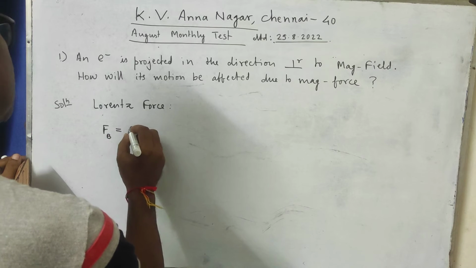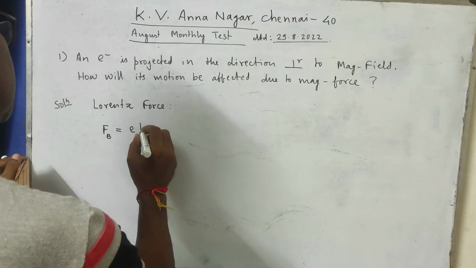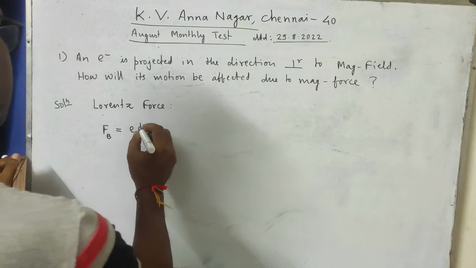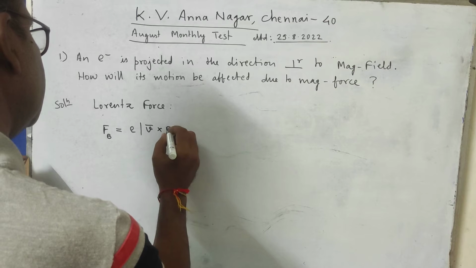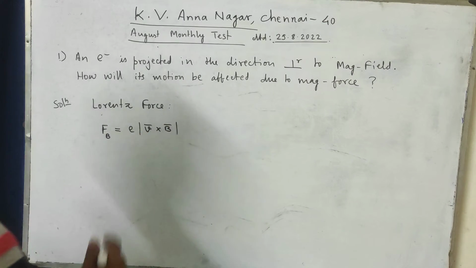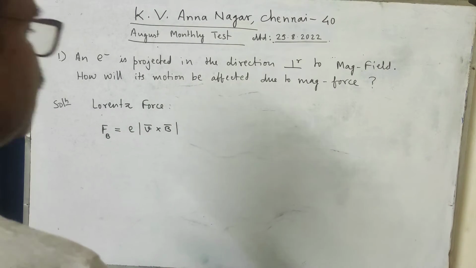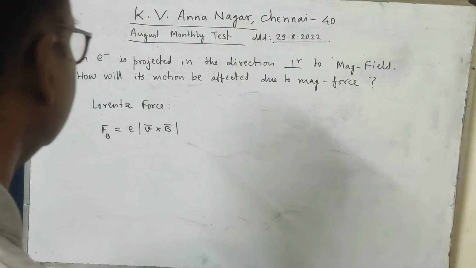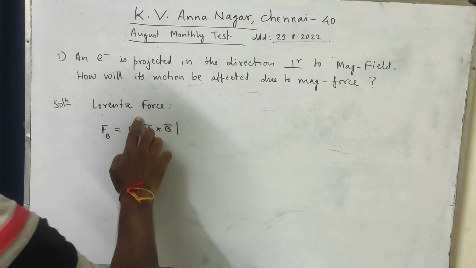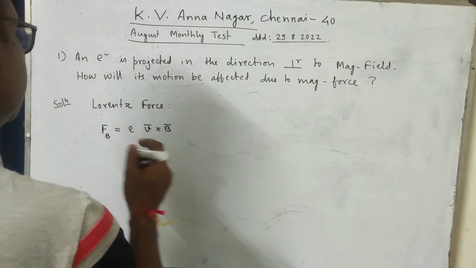It will be charge times V cross B, I am taking the magnitude alone, where V is the velocity vector and B is the magnetic field vector. Okay, let me take the direction as well.